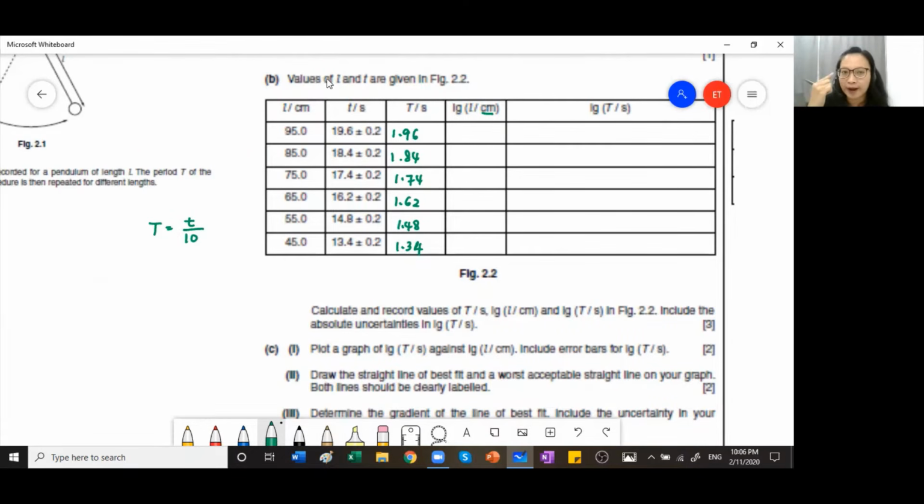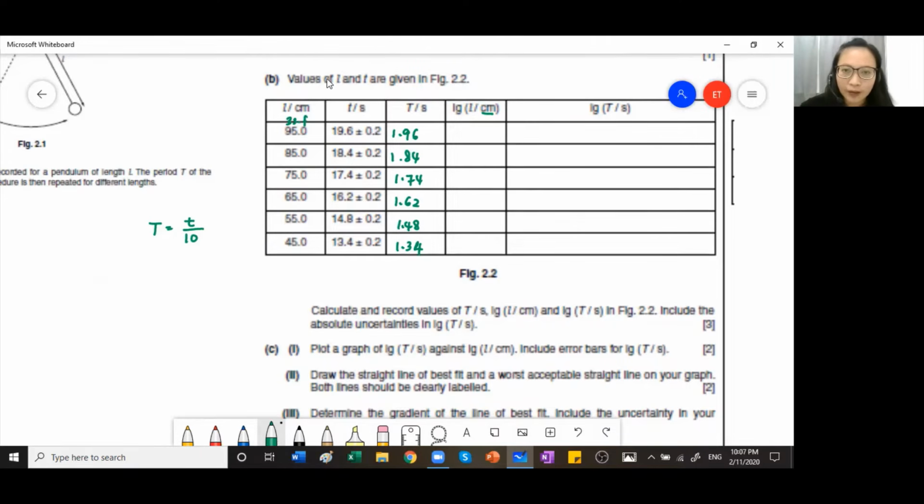Before that, you have to bear in mind log L is calculated from L. So when we talk about calculated values, we look at the significant figures of the raw data that we use to calculate that. My raw reading would be L. L has 3 significant figures, so all my log L values will follow 3 significant figures.